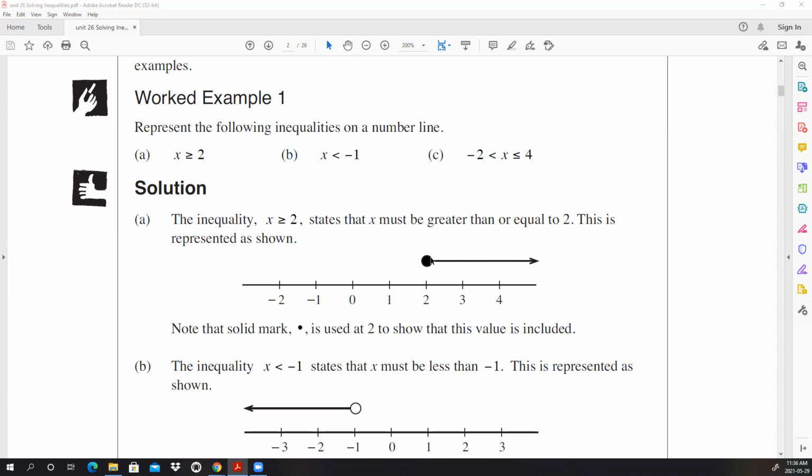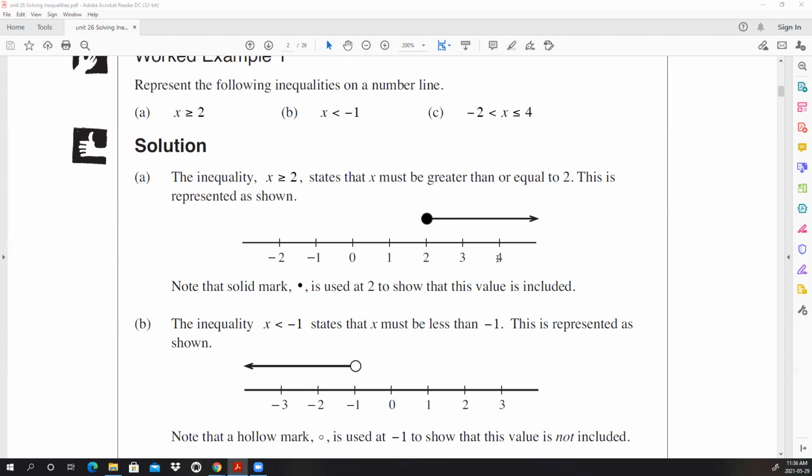Say that again: the shade above the 2 represents that it is equal to, and the arrow starting from 2 going to the right means that it is also greater than. That's where you get x is greater than or equal to 2.